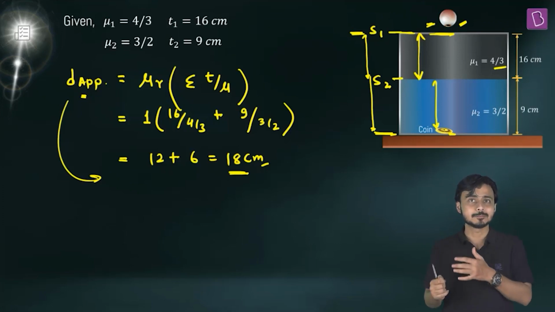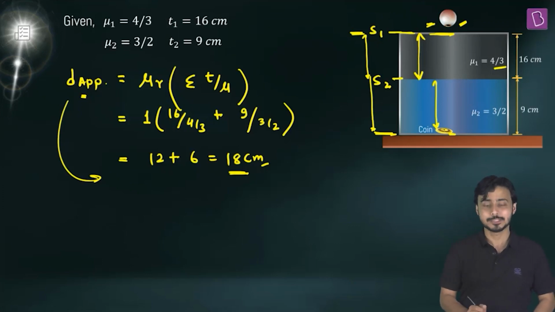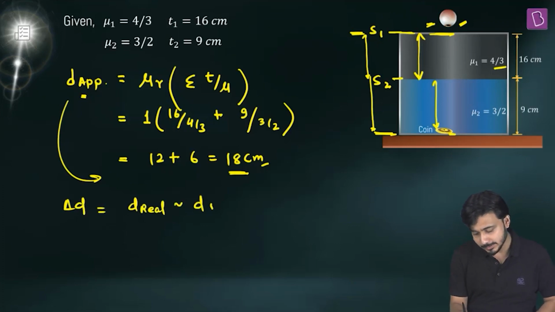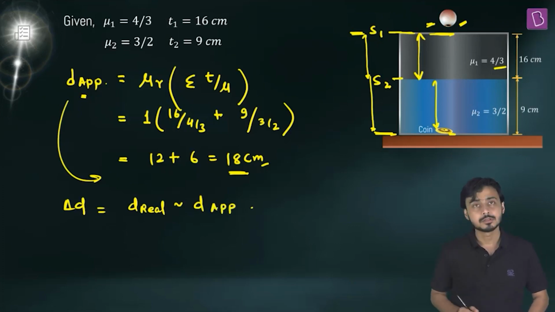So what is the shifting? Shifting is not D apparent. Shifting is delta D, that's D real minus D image, or D apparent. So with the help of this formula also you can get the result.